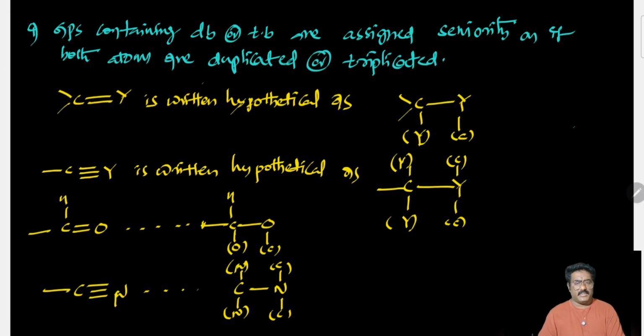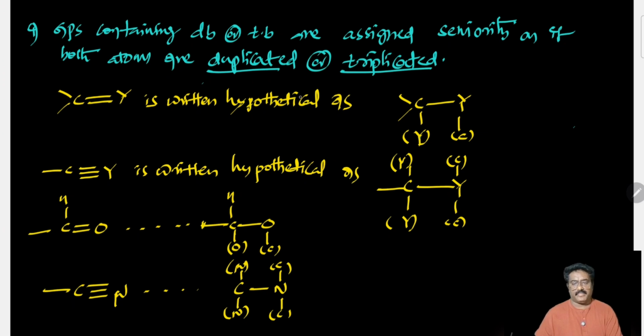See, if groups containing double bonds or triple bonds are present, they are considered to be duplicated and triplicated. See, carbon double bonded with Y is treated as carbon with Y and Y with carbon.